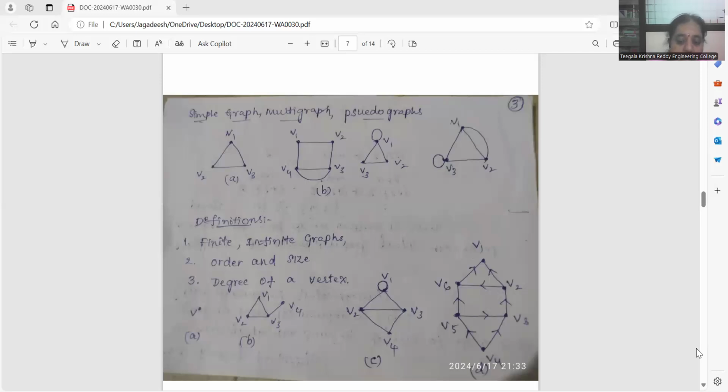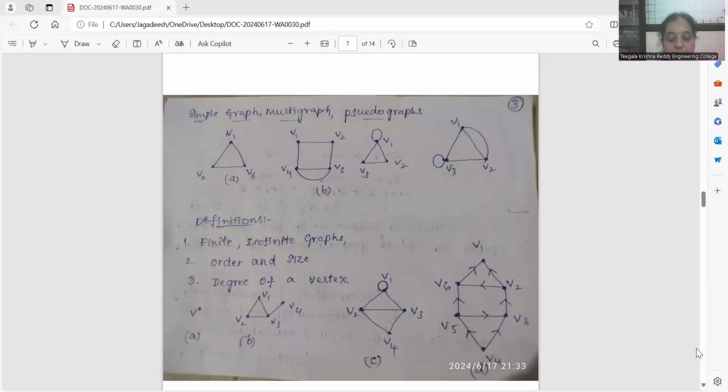But while counting in-degree and out-degree, 2 edges from V2 and V5 come towards V6, so the in-degree equals 2. The last edge is V6 to V1, which goes out from V6, so that is the out-degree. So the overall degree equals 3: in-degree 2, out-degree 1.